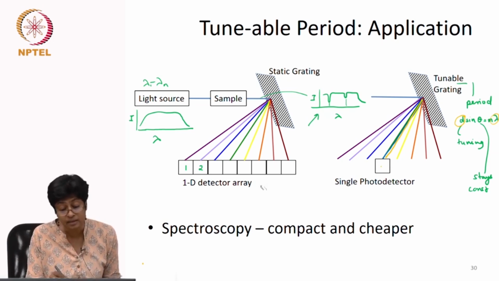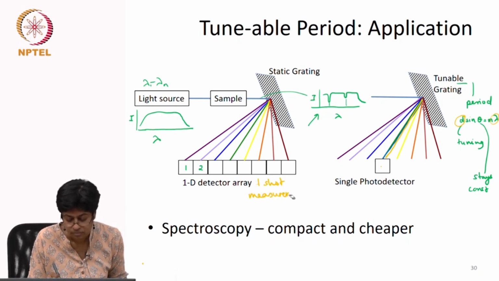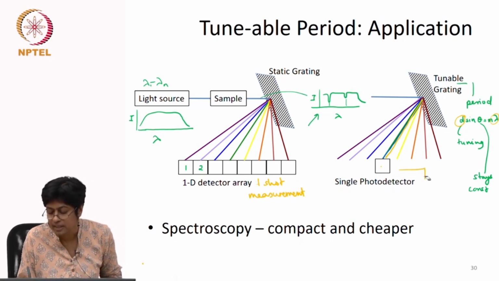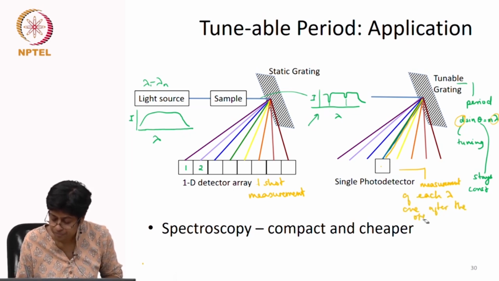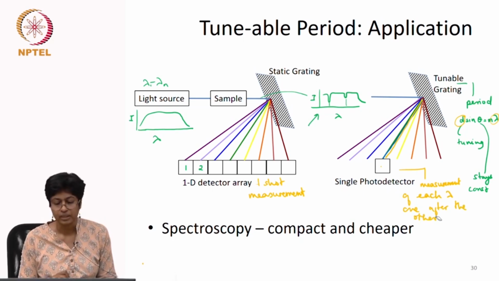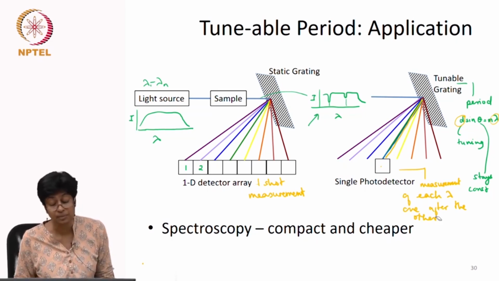The difference then is I get a one-shot measurement with the array, and in this case, I need to take a measurement of each wavelength one after the other. Okay, but it makes it more compact, and because for certain wavelength ranges the one-dimensional array is very expensive, it could even make it cheaper.